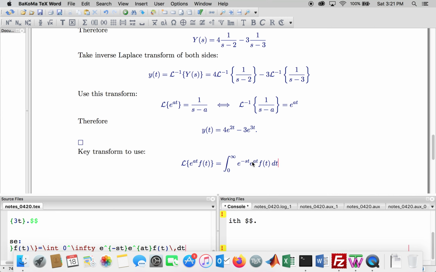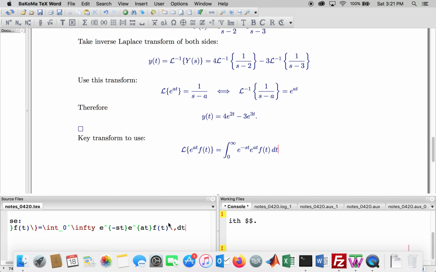But I can combine these exponentials by adding the exponents: e to the minus st plus at, which is the same as e to the minus s minus a times t. So now you're taking a Laplace transform of just plain old f, but instead of evaluating it at s, it's evaluated at s minus a, because this is the definition of the Laplace transform, just with s replaced by s minus a.